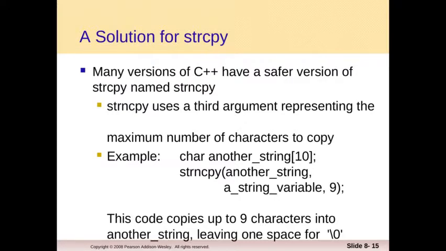So either we encounter a \0 within those characters somewhere, then it stops, or we have copied this many characters and then it stops. Now the slide says that this is a solution for the problem that we're having. Not really. strncpy is still problematic. It still has pretty much the same problem.